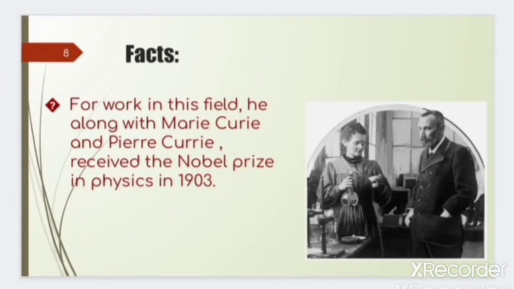For work in the field of radioactivity, Becquerel, along with Marie Curie and her husband Pierre Curie, received the Nobel Prize in Physics in 1903. Even though Henri Becquerel was the first person to discover the evidence of radioactivity, the term radioactivity was actually coined by Marie Curie.